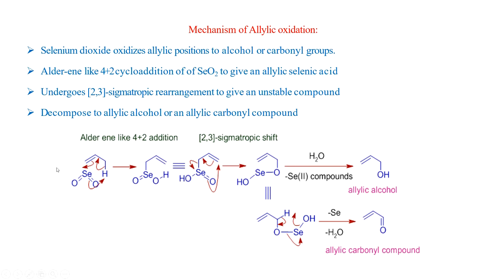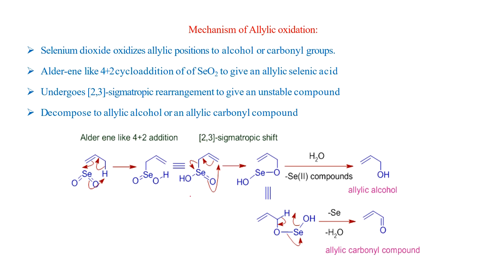You can see selenium dioxide is a 4-pi system, and this alkene is a 2-pi system. These interact together in an ene type 4+2 cycloaddition reaction to form an allylic selenic acid first.